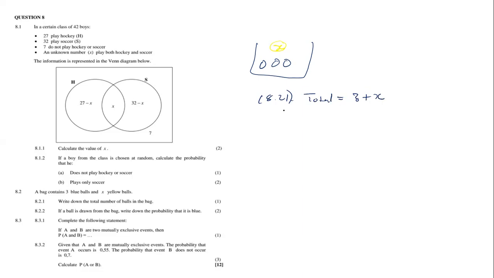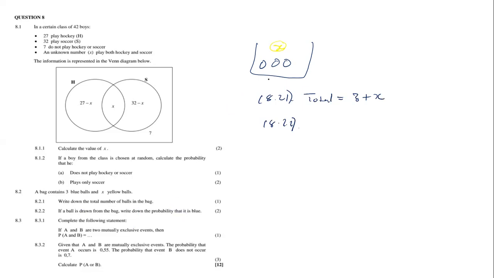Okay. All right. So now we move to question number 8.2.2. It says to us, if a ball is drawn from the bag, you're going to pull it without looking. Write down the probability that it is blue.